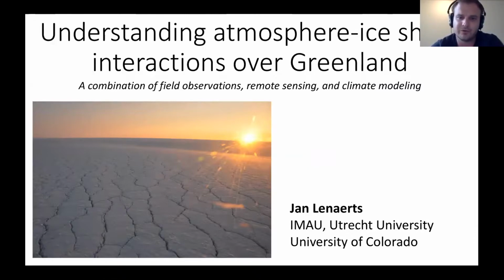And I will touch upon a combination of in situ observations, some remote sensing, and in the end some climate modeling. So I'm Jan Lenaerts. I'm actually right now in the transition between Europe, Utrecht University, to the US, where I'll be starting at the University of Colorado just next month.